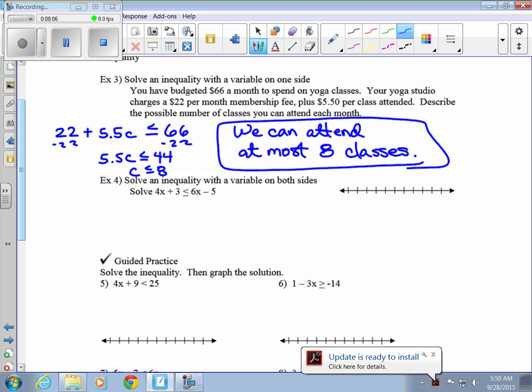And the reason is we know that c has to be less than or equal to 8, which c represents our classes. And so therefore, we've solved this and we can go to 8 classes. Now, if we plug that back in, 8 classes would give us exactly $66. So that is the maximum number of classes that we can attend.